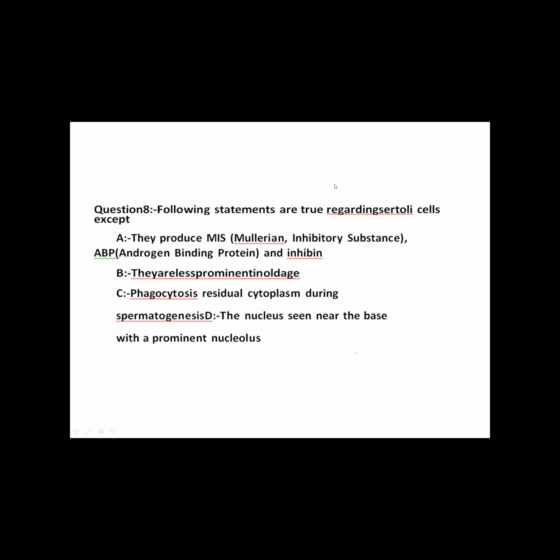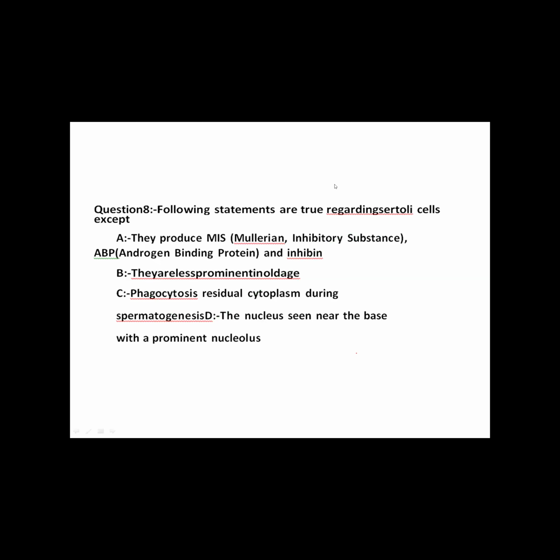Okay. So let's try to understand these Sertoli cells first. What are Sertoli cells? These are the special supporting cells present in the seminiferous tubules of the testes. They help in growth and development of the sperm cells. Okay. Dr. Om is also answering. Very good. Okay. What is the function of these Sertoli cells?